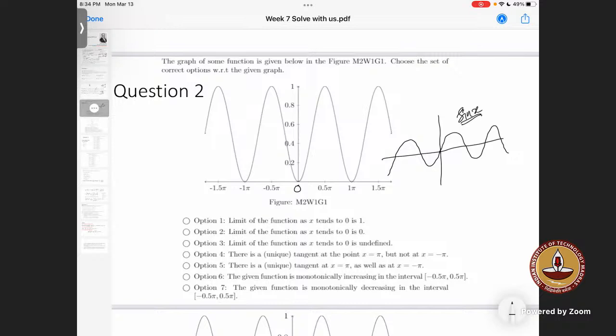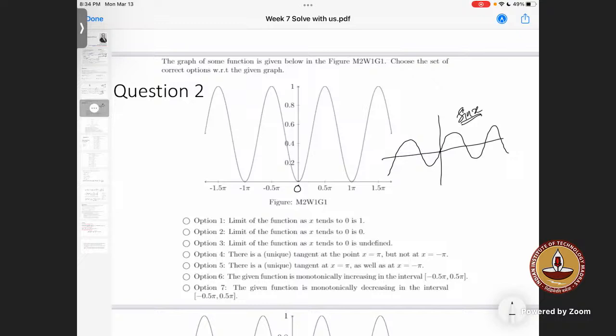We will try to analyze it from the graph. Sir, is that dark line where it retains 0 a matter for solving this question? See, this is 0. On the right side there are positive values, 0.5 pi, 1 pi.